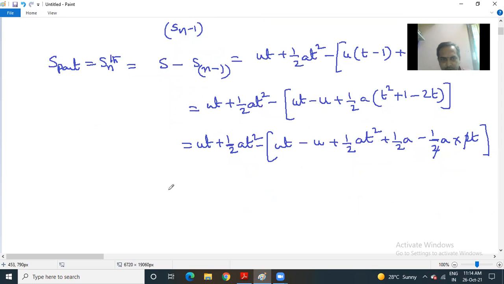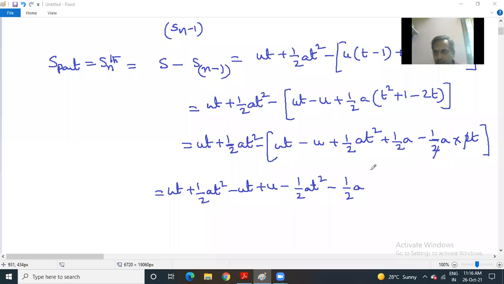So now let me write it totally: ut plus half at square minus ut, minus of minus will become plus u. This is minus half at square and minus half a, and there is also minus into minus plus at.